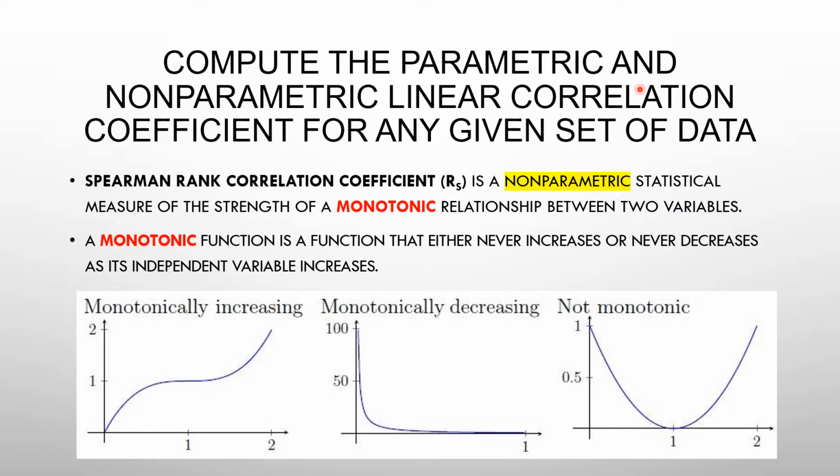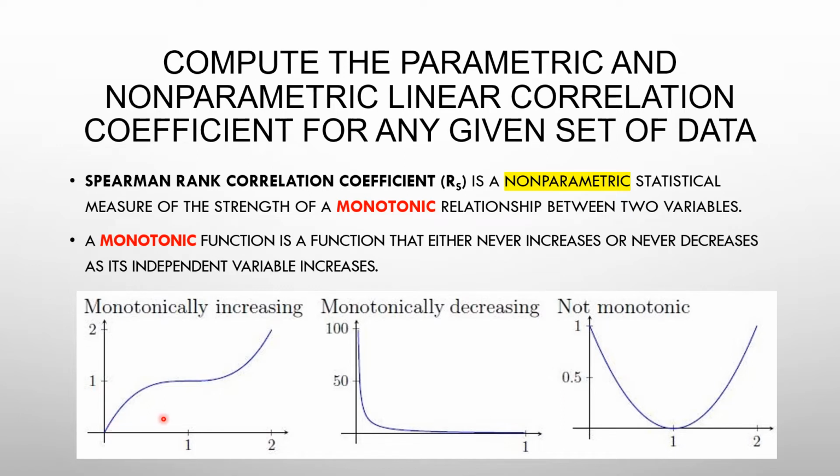Pearson's correlation coefficient is a parametric measure. Spearman correlation, sometimes known as rank correlation, is actually a non-parametric measure. The main word here is monotonic relationship. A monotonic relationship is a function that doesn't really increase or decrease proportionally.